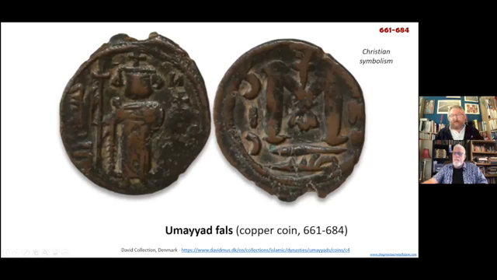For example, on this Umayyad fals, which was minted between 661 and 684. Here we can say for sure that it was minted under Muawiyah. But we cannot say for sure that Muawiyah was a caliph, a caliph of Islam.